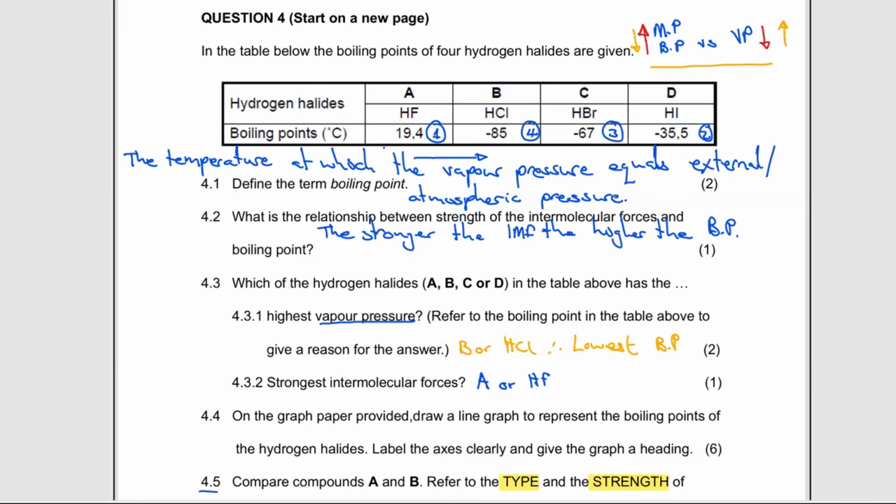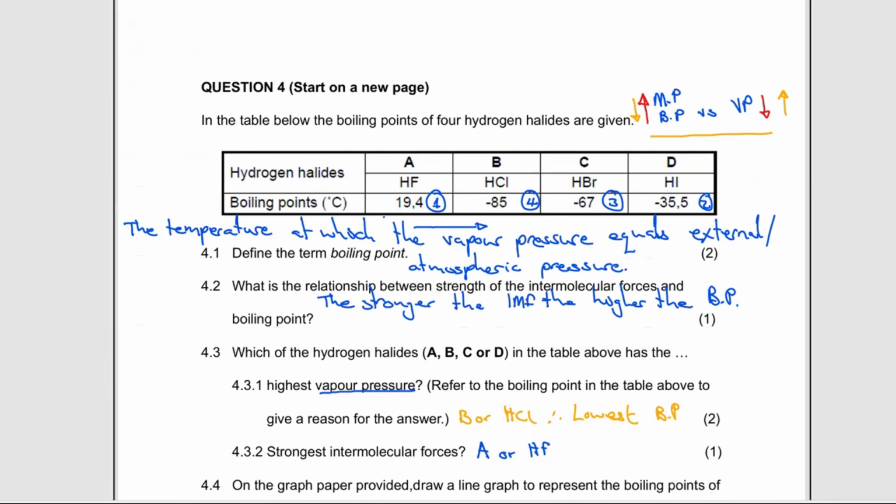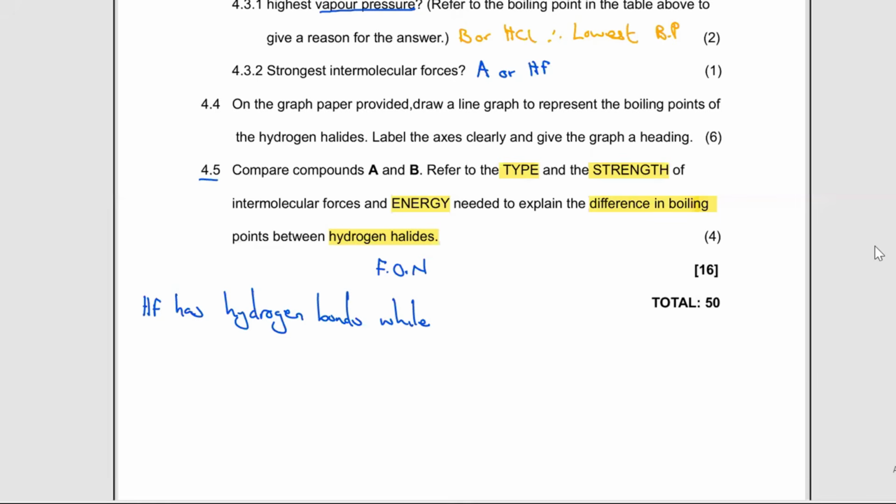Okay, so now we're going to say our B there, which is our HCl. So HF has hydrogen bonds while HCl has dipole forces, like that.